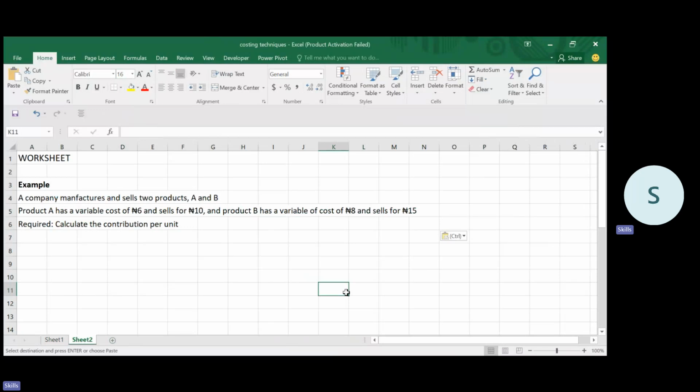In this case, we have our sales per unit and we have our variable cost per unit. With this, we can determine our contribution per unit. To get the contribution per unit, sales per unit for product A, product B.